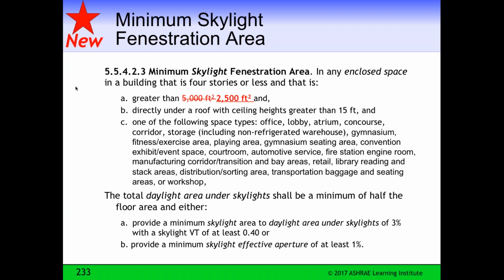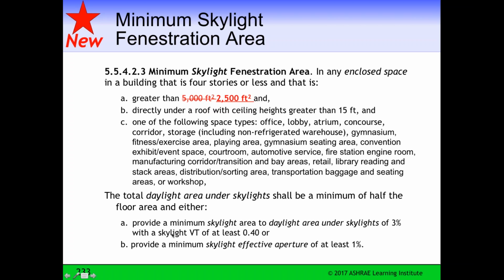So if you have a high space, you need to have daylight areas under skylights at a minimum of half the floor area of the space. So you need to have skylights or roof monitors that provide daylight into this space.